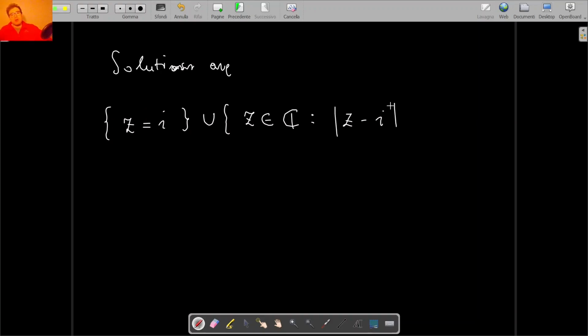In this way we are capturing all those complex numbers that live on the circumference of center (0, 1) in the complex space and radius equal to 3. And this whole set solves our equation.